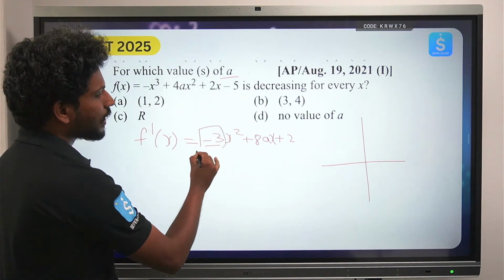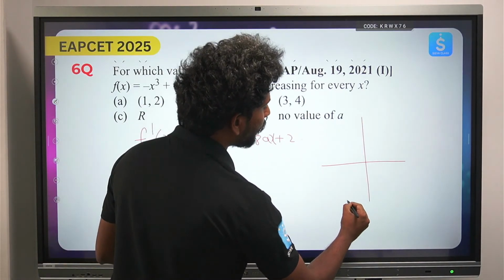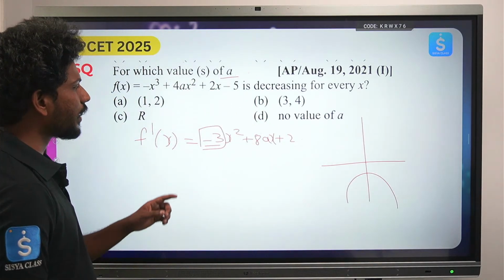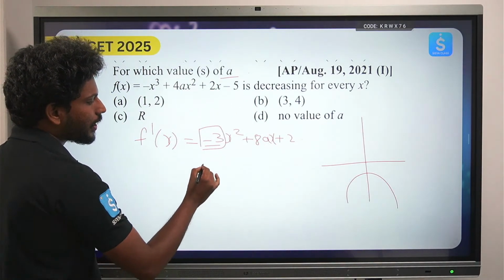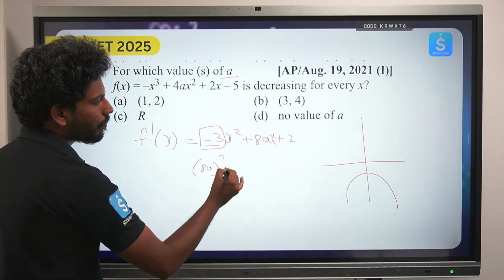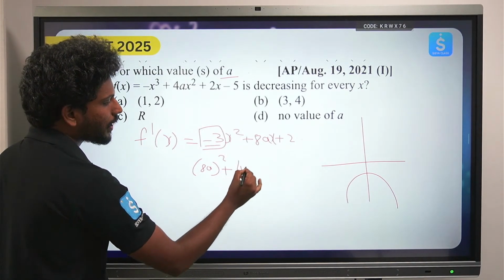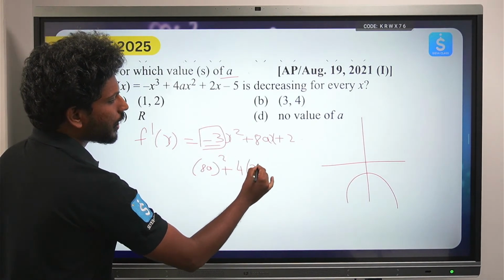So this value is less than 0. So you can see that the parabola is facing downward. So ఇక్కడ మీరు ఏం చేయండి అంటే మళ్ళీ b square minus 4ac, b square అంటే ఎంత, 8a whole square minus 4 into minus 3 into 2, that is plus 4 into 3 into 2.